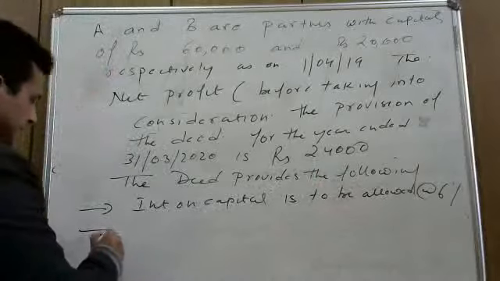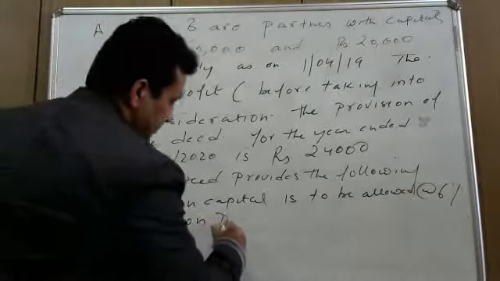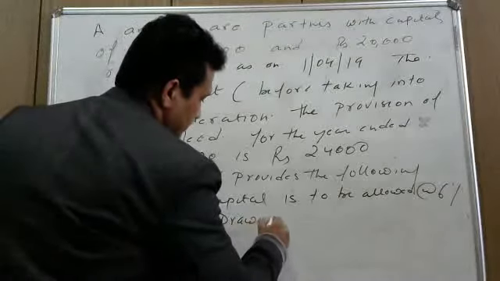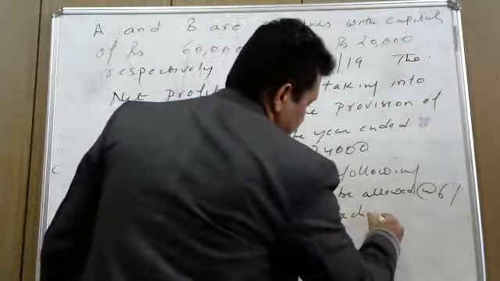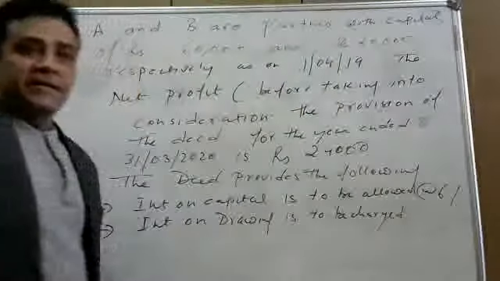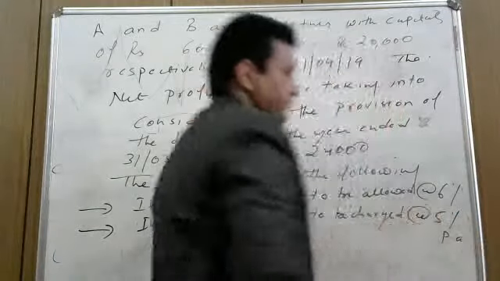Next is interest on drawings, which is to be charged at the rate of 5% per annum. So 6% per annum on capital as well as 5% per annum on drawings.